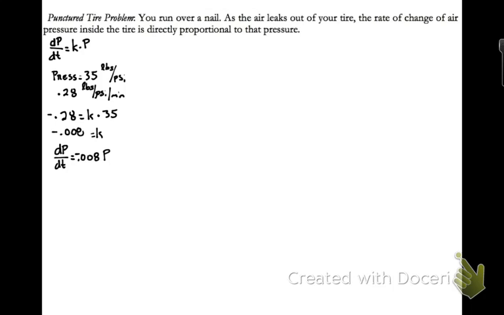Now we could go through our whole process of separating the variables, but we should know what's going to happen. We should know that if we solve this, we're going to end up with P equals some constant, C, times e to the k, which in this case is negative 0.008 times t. We should know and have memorized that that's going to happen.